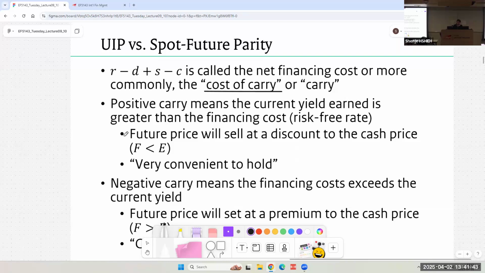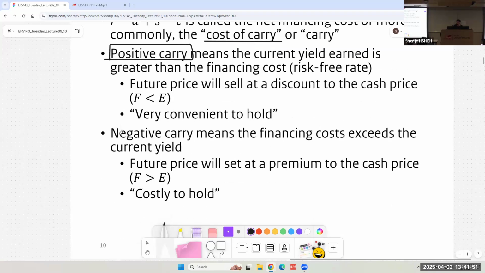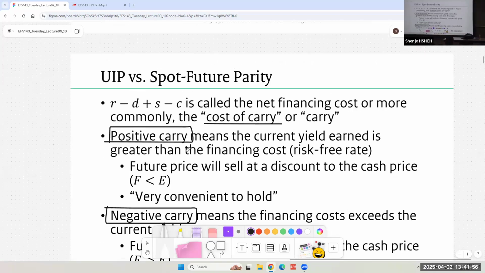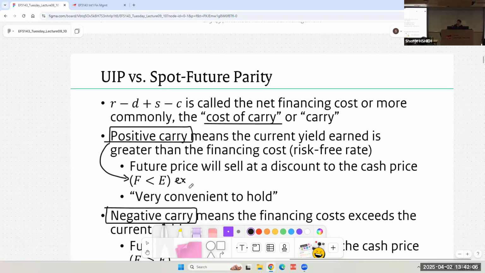So when you read the news, sometimes you'll see the phrase positive carry, and you might see the phrase negative carry sometimes. So what is this referring to? Positive carry specifically means that F is less than E. So meaning that overall the exponential is deflating E, right?